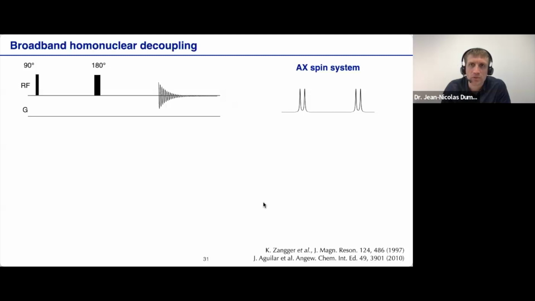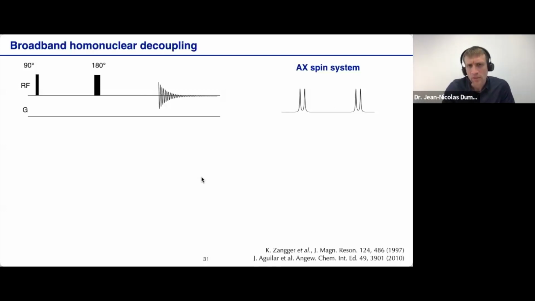So first, briefly, I would like to describe some of the core ideas of pure shift NMR, where the goal is to obtain 1D proton spectra, but where each of the signals is a singlet rather than a multiplet, to effectively enhance the resolution and mitigate the overlap problem that is very frequent for spectra from mixtures.